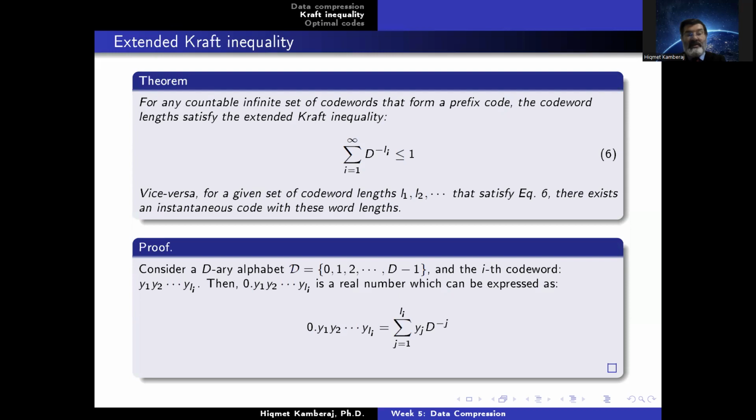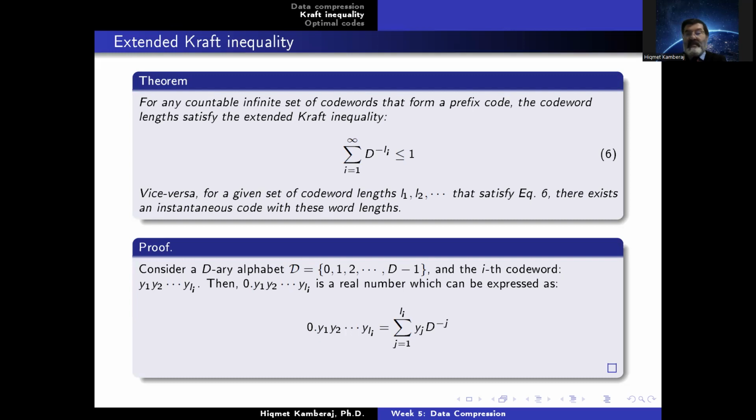For any countably infinite set of code words that form a prefix code, the code word lengths satisfy the extended Kraft inequality: sum of i from 1 to infinity of D to the power minus Li is less than or equal to 1. And vice versa. For a given set of code word lengths L1, L2, and so on, that satisfy equation 6, there exists an instantaneous code with these word lengths.